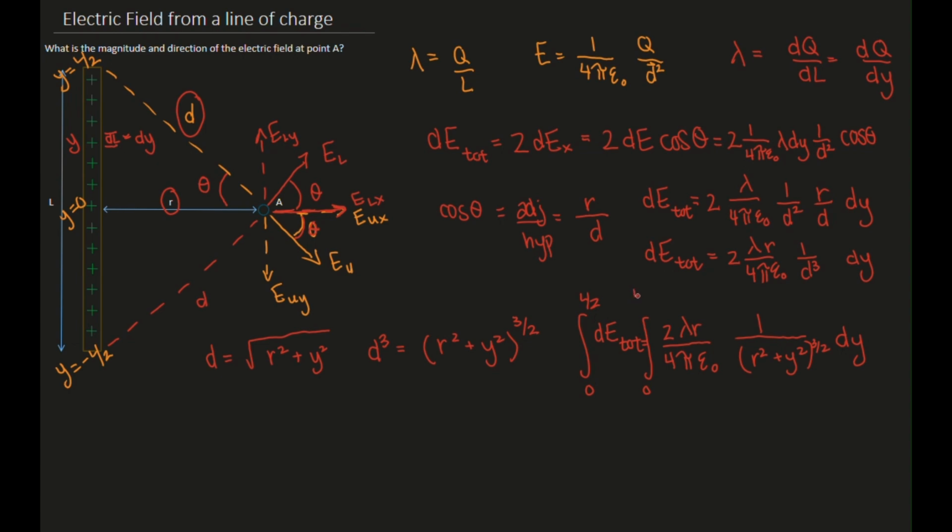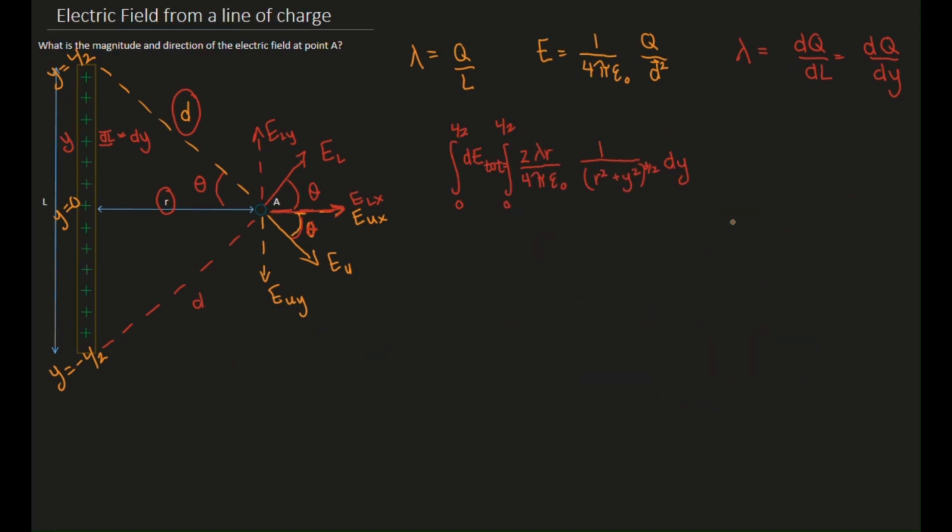So this integral is pretty commonly done. There's a few steps to it, but we're actually going to do that together. I'll walk you through how to solve this integral, and we're going to figure out what the electric field is integrated over these values.